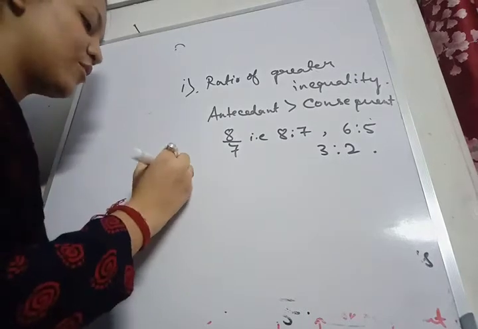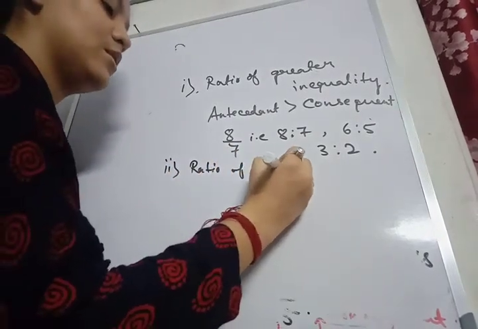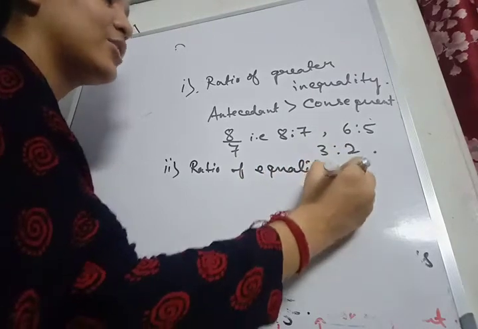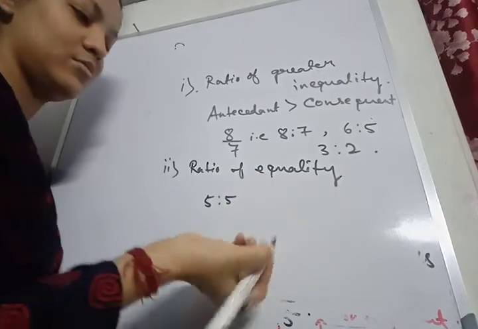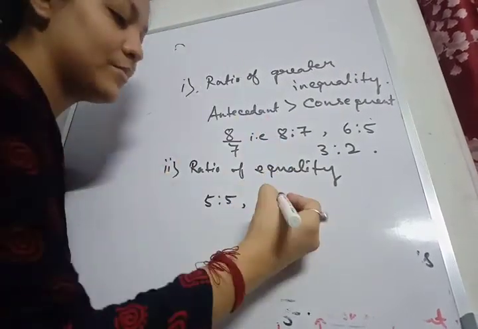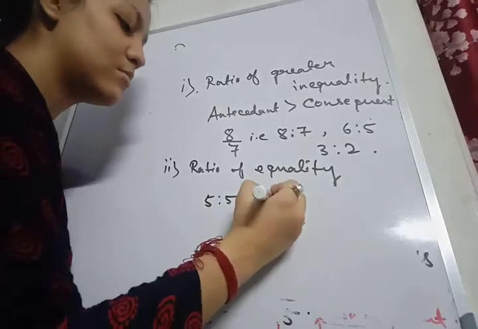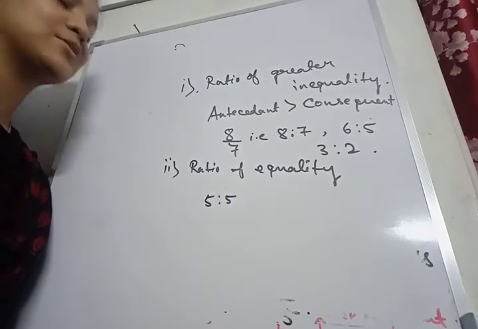Next, we have ratio of equality, where both the antecedent and the consequent will be equal. For example, if I write 5:5, or anything of this sort, the antecedent and consequent will be absolutely equal.